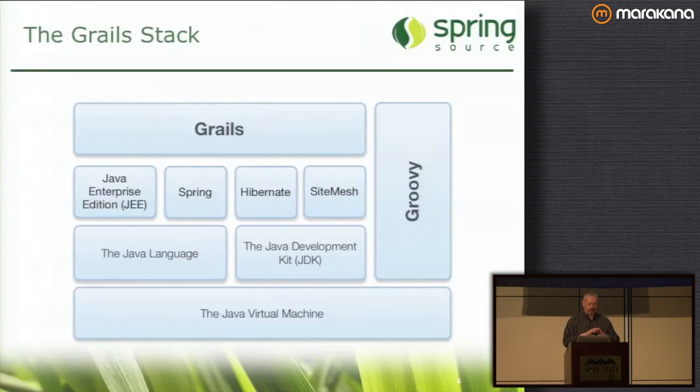All of this is built on top of the JVM. That layer of technology where you see SiteMesh and Spring and Hibernate, and Log4j, there are a whole bunch of technologies that Grails builds on top of. And Groovy is kind of a thread that we use to tie all of that together, right?